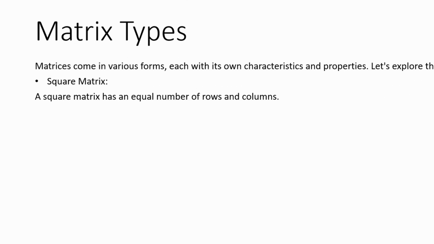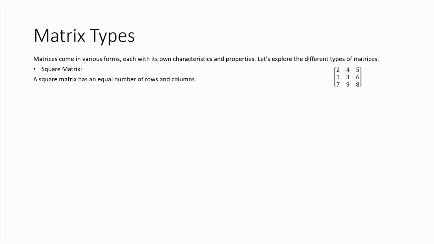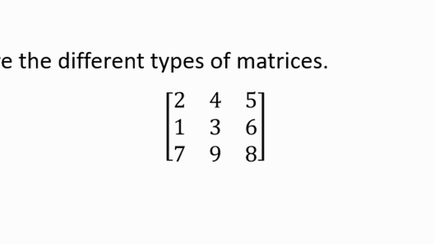There are so many variants of matrix, like this one, square matrix. It has an equal number of rows and columns. As you can see at the visualization of the matrix, that is a 3 by 3 matrix, equal number of rows and columns.